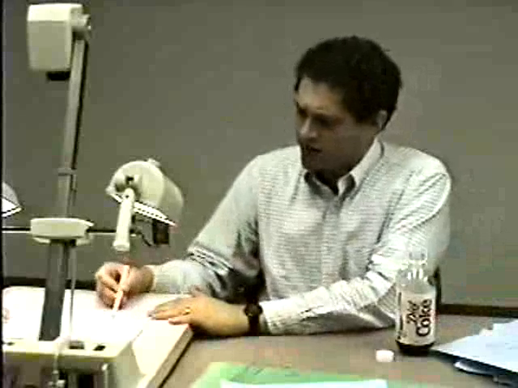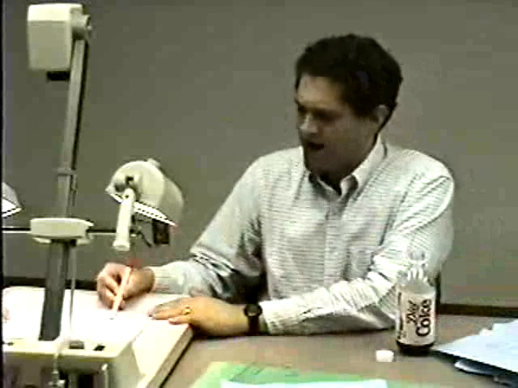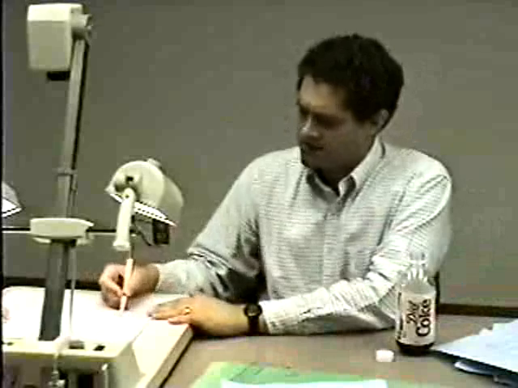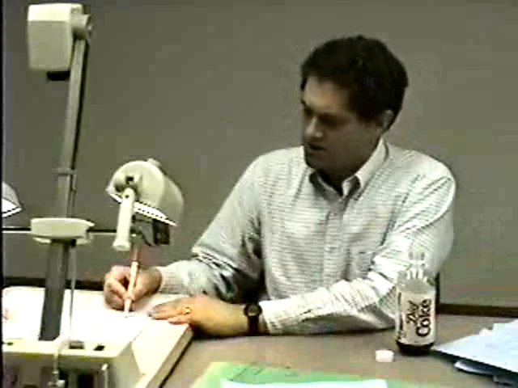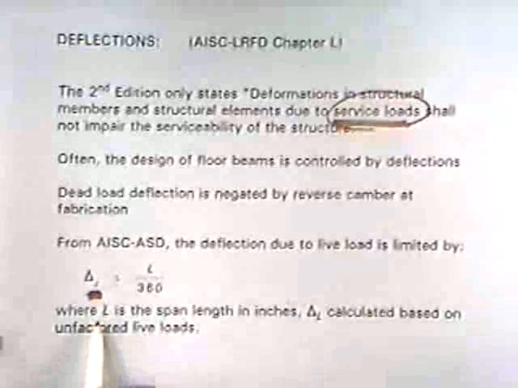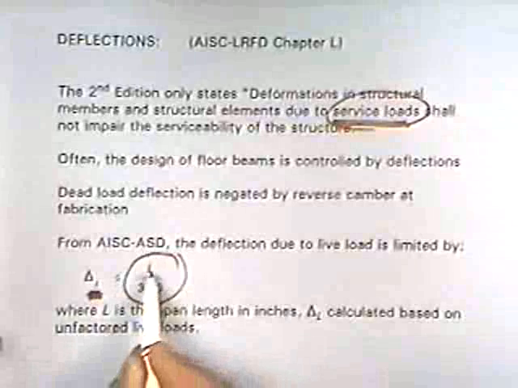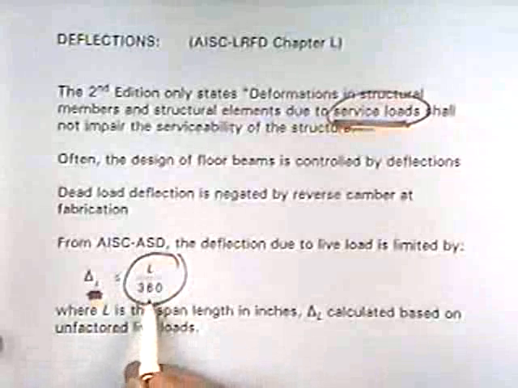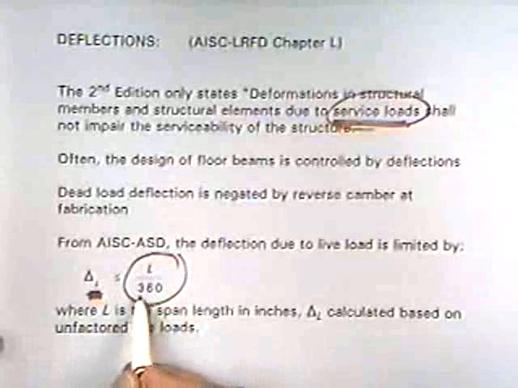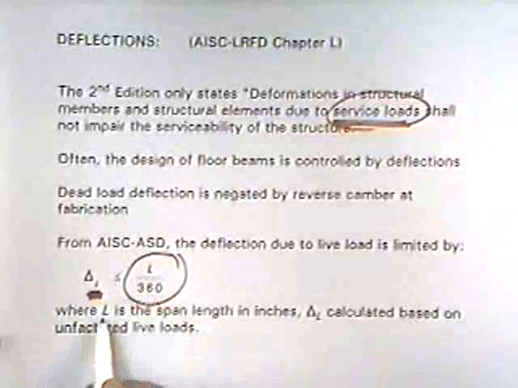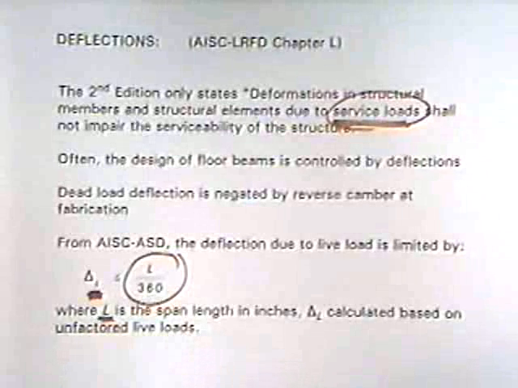For deflection criteria, you have to really dig back to the older specifications. They say that the deflection you get due to live load should not be any greater than this ratio here, where L is the span length divided by 360, and make sure that L is in inches to get consistent units.